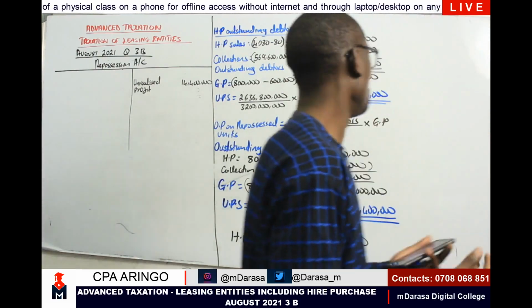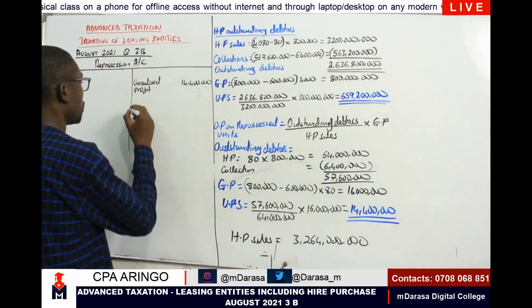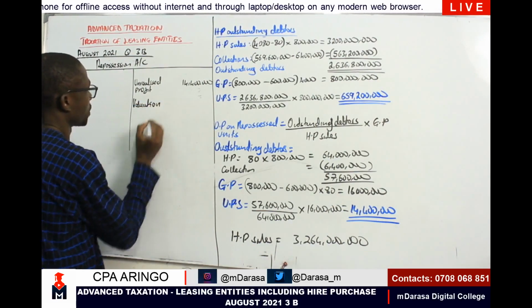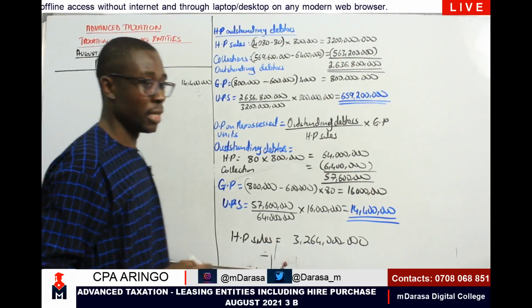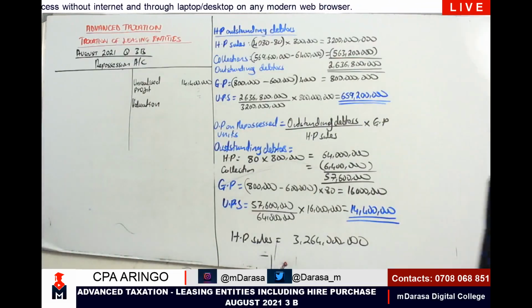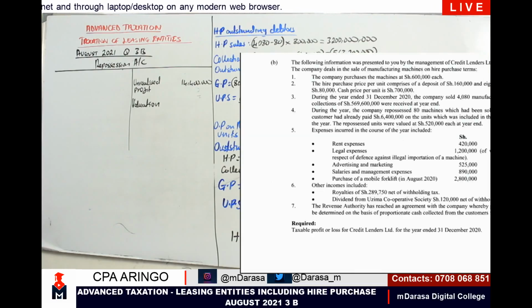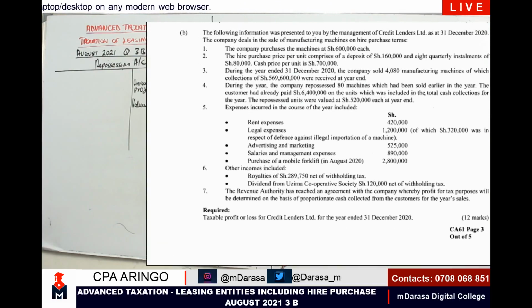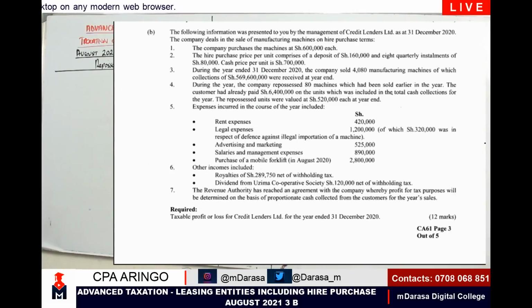Consider our valuation. Suppose we decide to sell these items that we repossessed. How much will we realize? So, the valuation of the repossessed goods. What were we told in our note? In note number 4, we are told that the repossessed units were valued at 520,000 each at the year end.